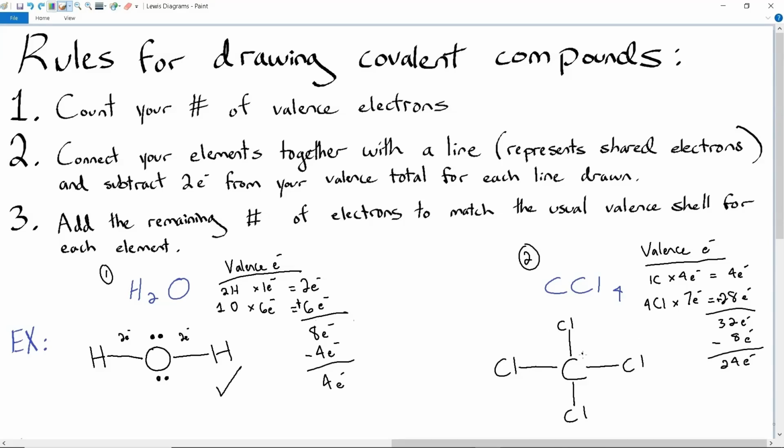So carbon looks good. For chlorine, they started with 7, but they each only have 1 electron being a part of a line. So what I can do is add 6 electrons to each of my chlorines, and that should balance me out.